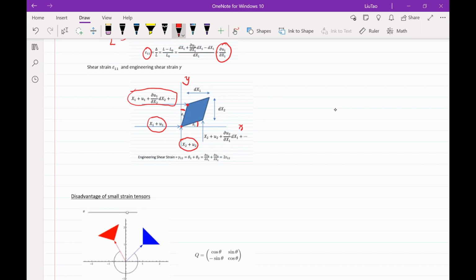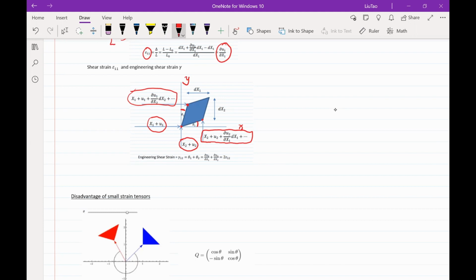And if we take a look at the right bottom corner, then our new coordinate along the y-axis is equal to x2 plus u2 plus the partial u2 over partial x1 times the length of the element, which is dx1.